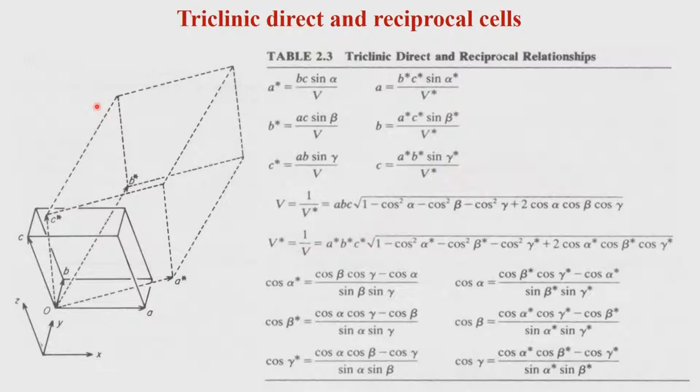You may think if A is 100 angstroms, B 200 angstroms, then the reciprocal lattice volume will be very, very small, because it is 1 over A star, 1 over A and 1 over B. That is not the logic. The logic is shown here. The volume of the unit cell will be very different from the reciprocal lattice cell, and you can calculate the values of A, B, C, A star, B star, C star by using these expressions.